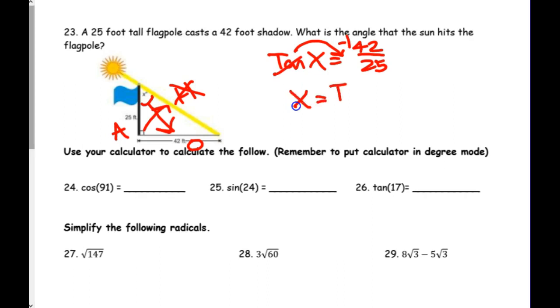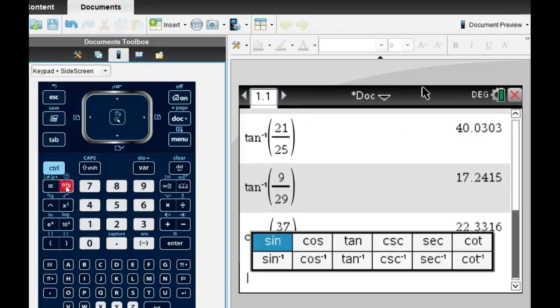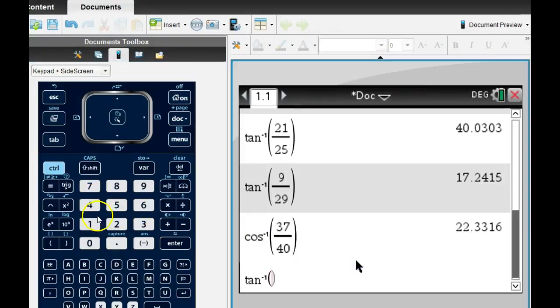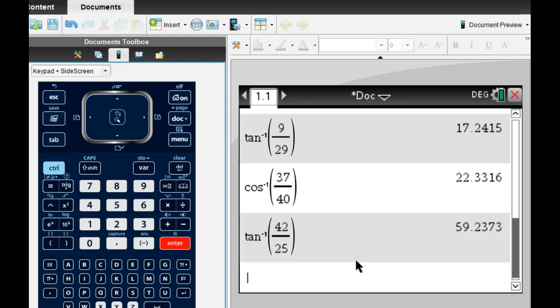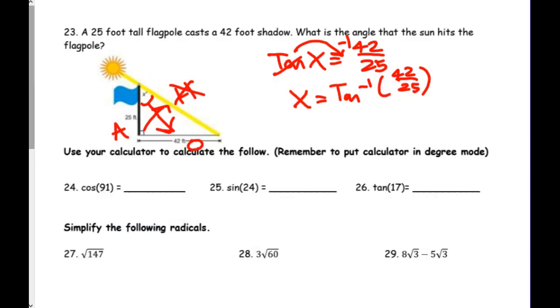X equals tan inverse 42 over 25. So let's type it in. All right, and we get 59.24. Degrees, because we were looking for the angle.